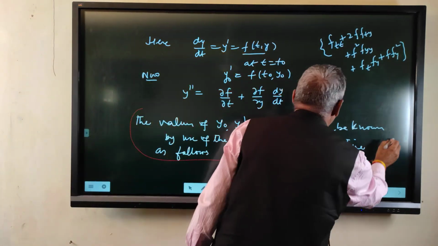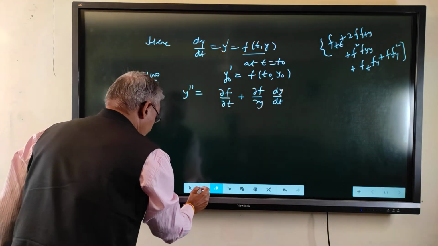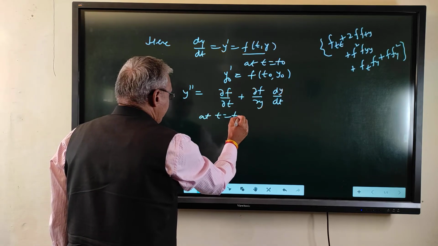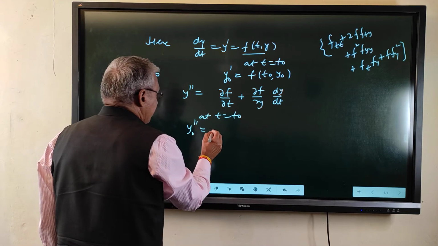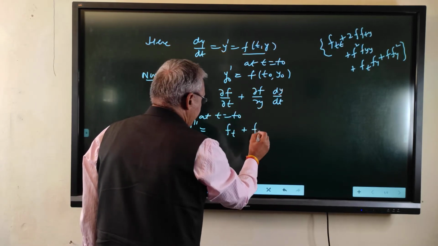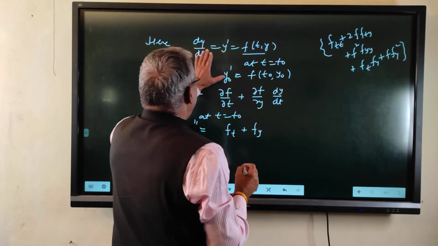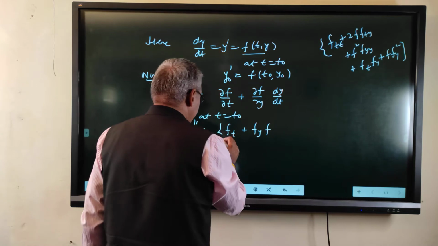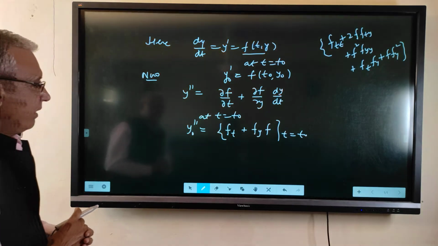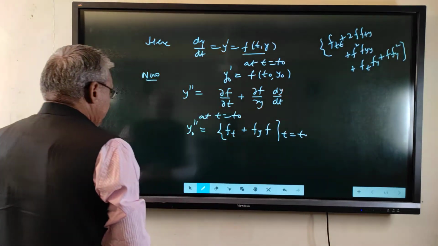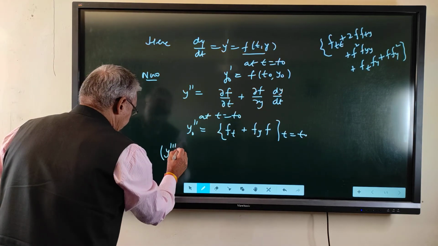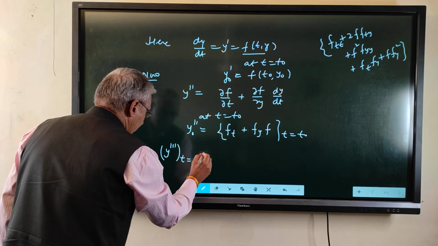At t = t0 we have y0'' = ft + fy f, since dy/dt is f at t = t0.